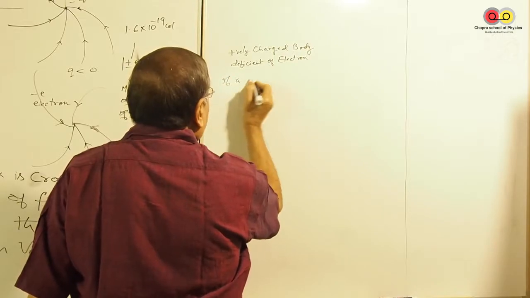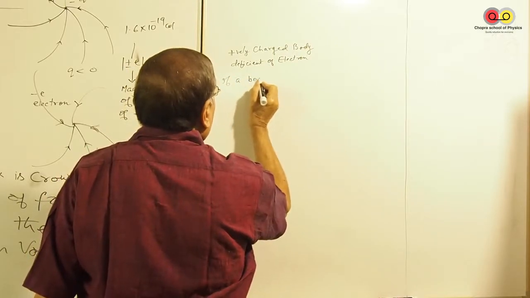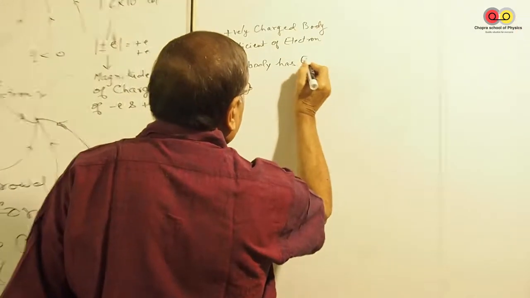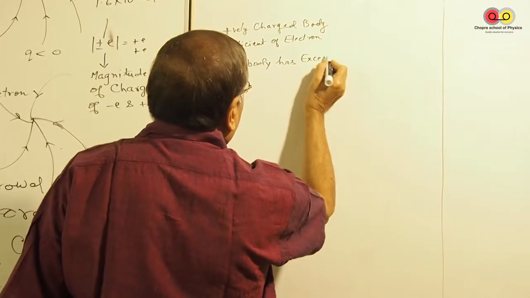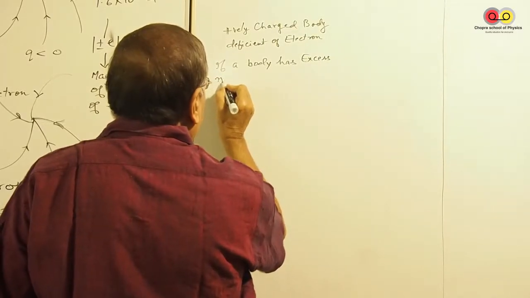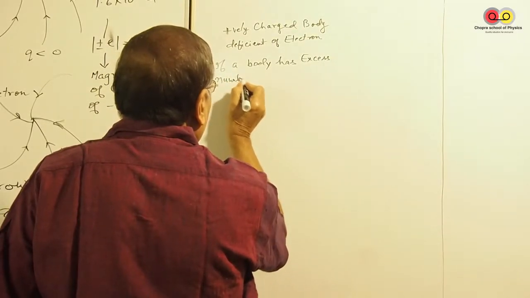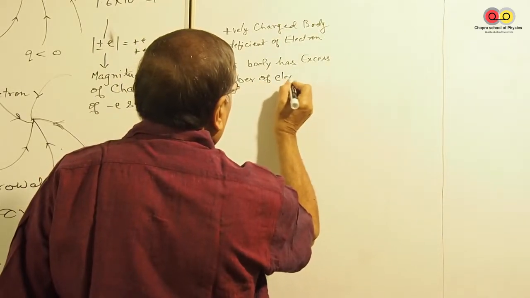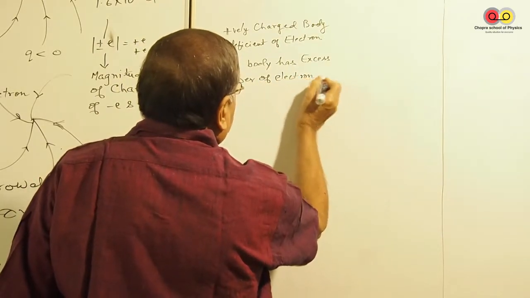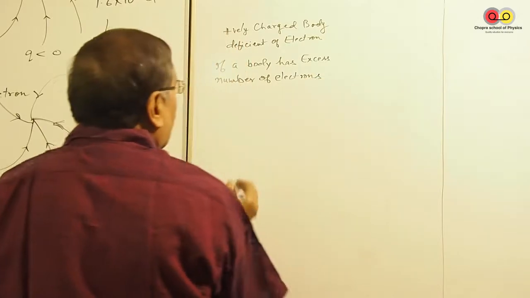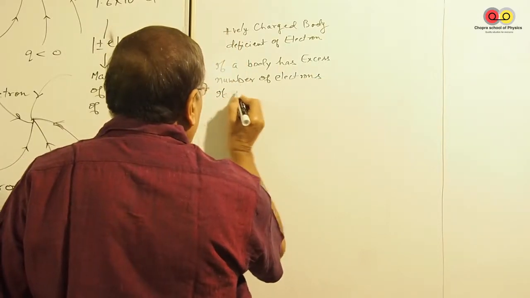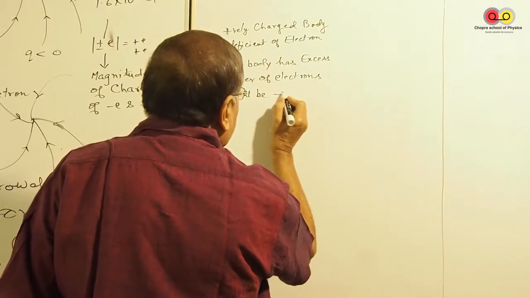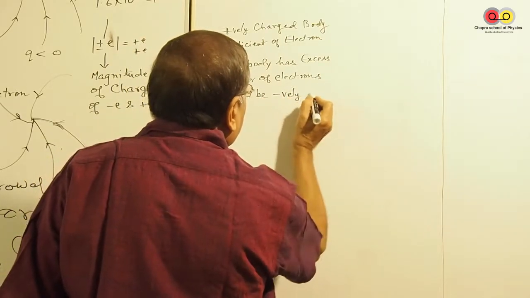If a body has an excess number of electrons, it will be negatively charged.